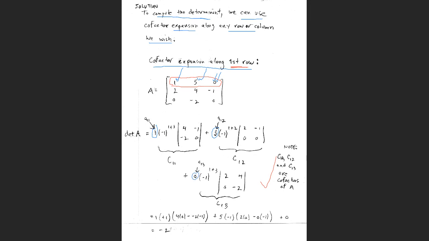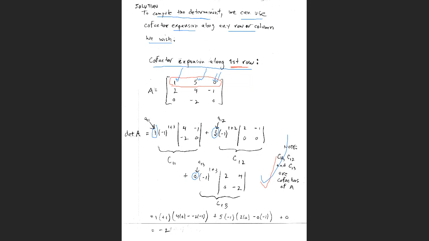That's A13. So there are 3 parts to computing this determinant. The next thing we do is, if you notice, in each part here, we're multiplying by -1 to some power.